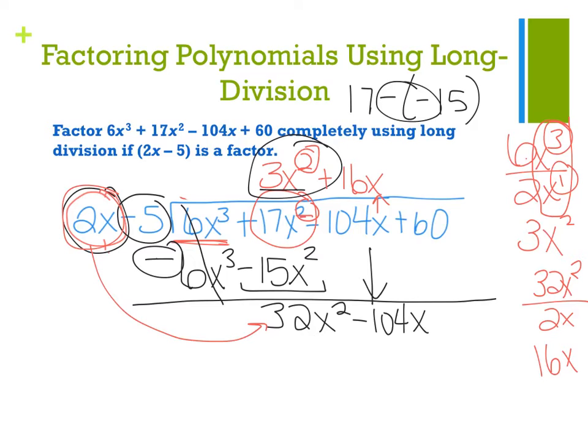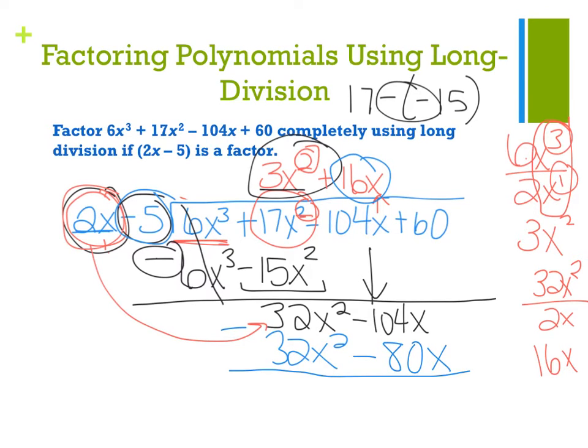And now I'm going to do that whole process again, where I multiply the 16x by the 2x, which gives me 32x squared. And I'm going to multiply 16x times negative 5, which gives me negative 80x.